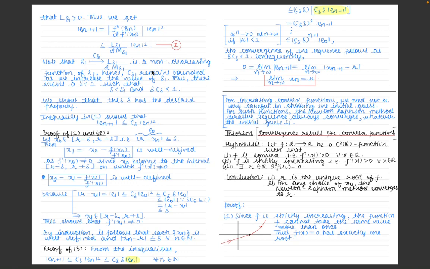And if f is strictly increasing, hereafter it will keep on increasing, right? So f has to be something like this. Any increasing function, if it intersects the x-axis, will intersect only once.